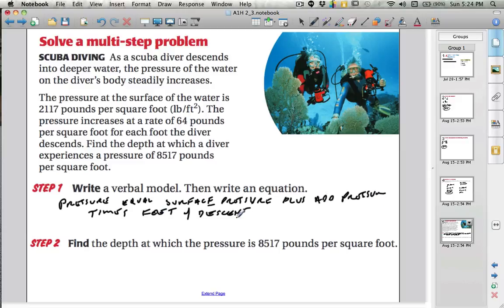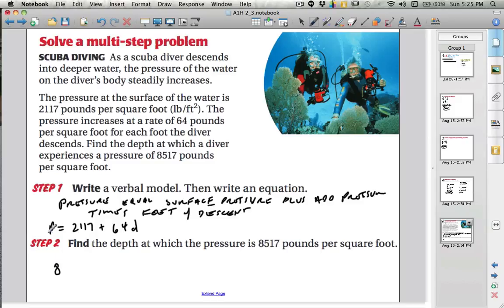And if I wrote that as an equation, I know that my pressure would be equal to the original pressure, right, which is 2,117, plus the new pressure, 64 pounds per square foot, times the number of feet of depth. So I'm going to call that D. So find the depth at which the pressure is 8517 pounds per square foot.